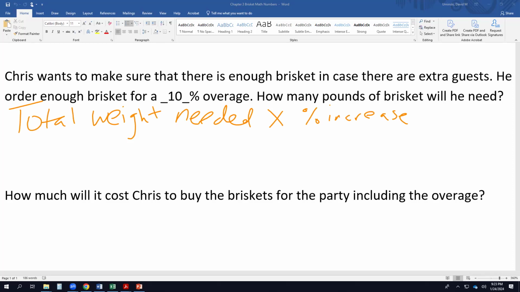So in this case, what was our total weight needed? 170.5 pounds, right? And we're going to multiply that by our percent increase, which is 10%. What did we learn today from chapter 2? What can we add to this? Add a 1, right? And that'll give us our automatic answer. We don't have to add anything at the end.